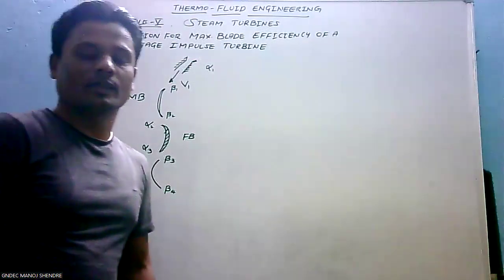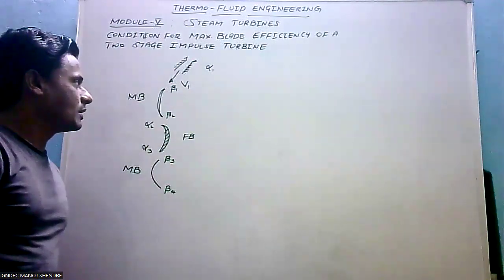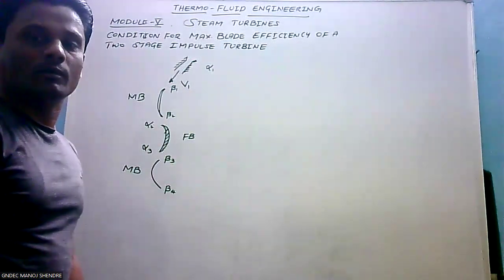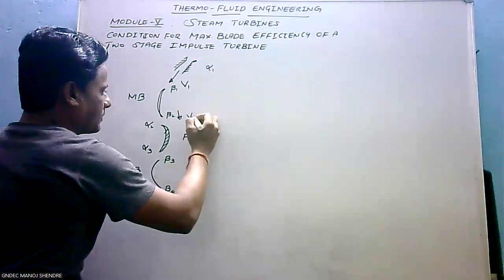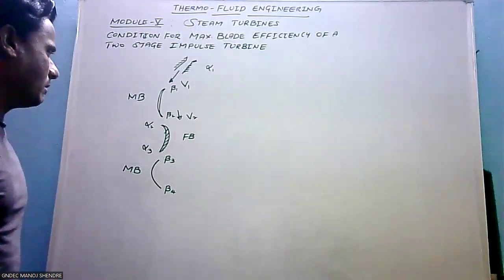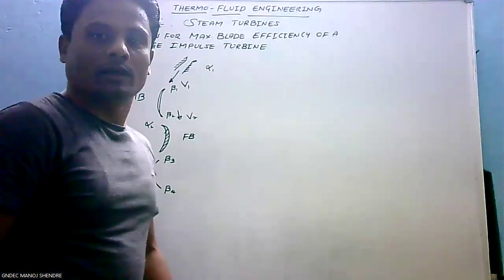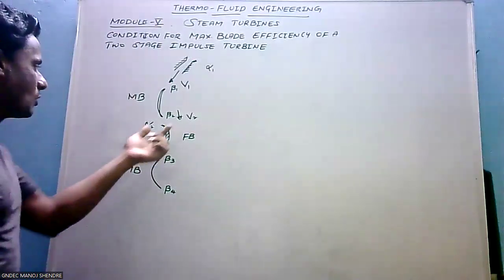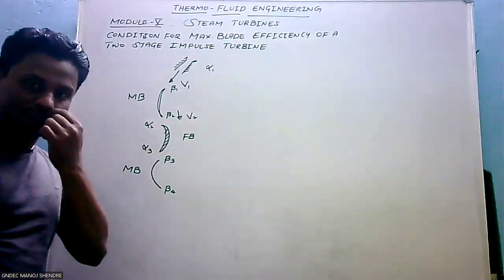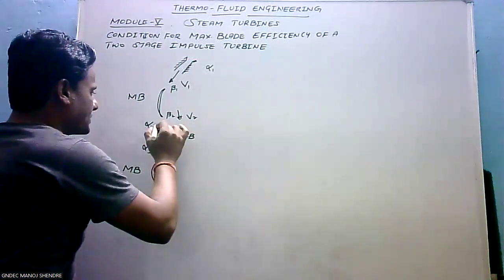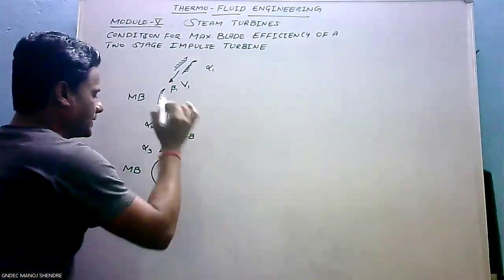Now, whatever the velocity of steam which is coming out from the first set of moving blades is V2. This is V2. When it enters into the fixed blade, the velocity almost remains the same.